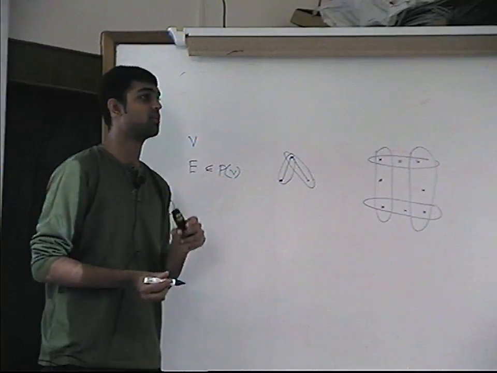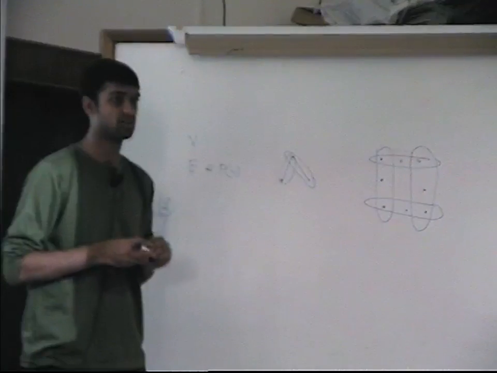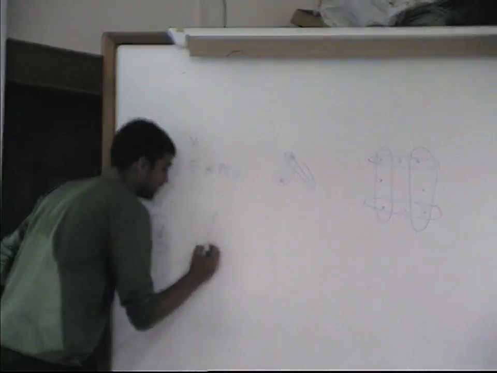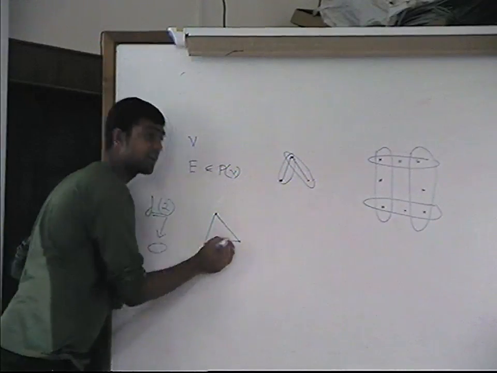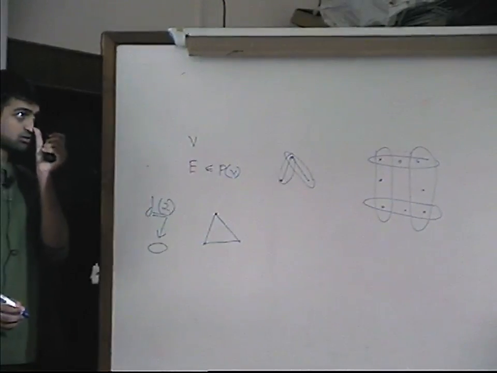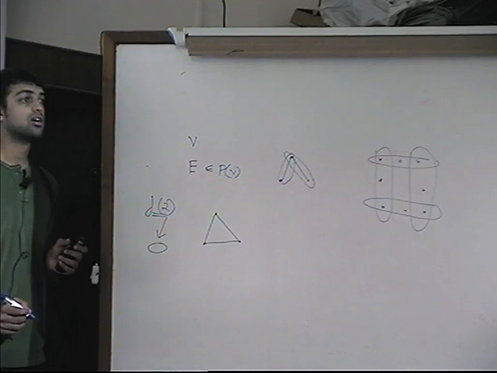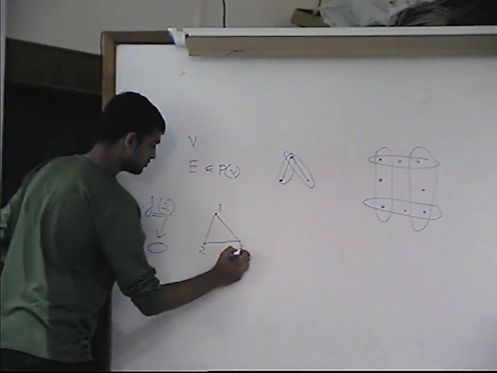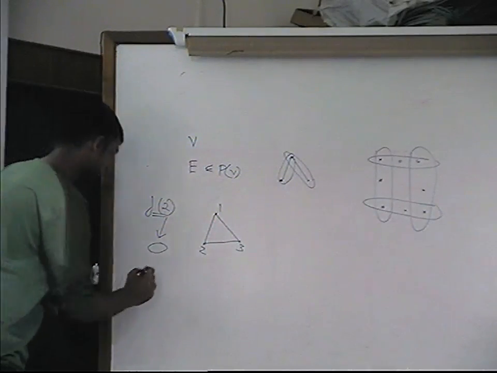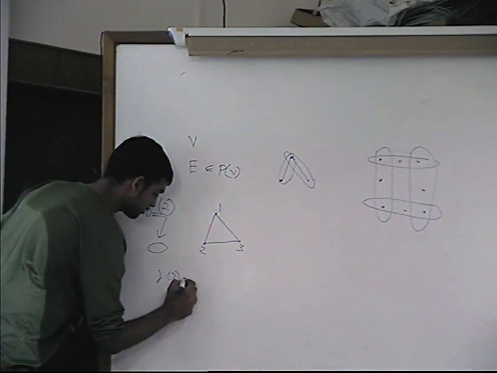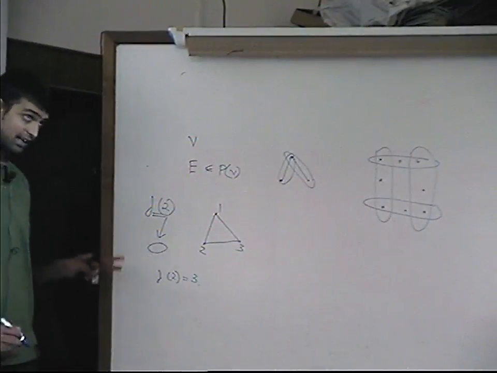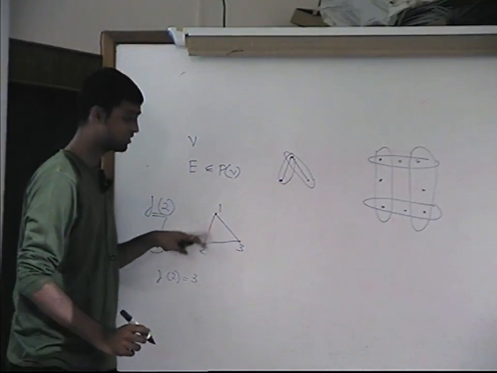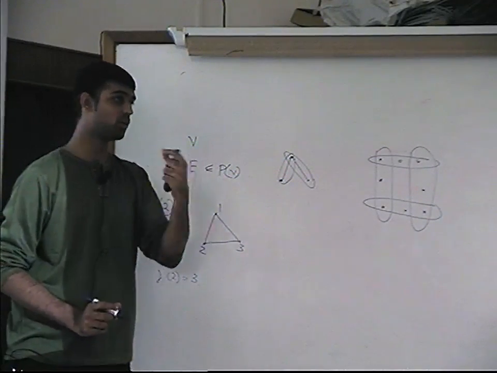Seems to be a simple exercise. Can anybody think? So, okay, you look at a triangle here. Can I color this with two colors? I cannot, right? I need three colors at least for this. So basically this means that f of 2 is equal to 3. So rather, I need at least three edges in a graph for it not to be two colorable.